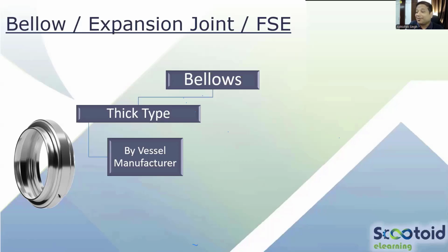Okay. Now coming to Appendix 5, which you guys might have seen for thick bellow. And also there are relevant clauses in Division 2. But if you see in detail, there is no calculation. Okay. So calculation is not given.